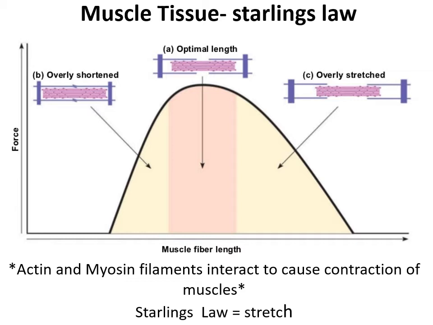If the heart muscle is really stretched, say in congestive heart failure, and the actin and myosin are just not overlapping well, the force of contraction of the heart muscle is going to be reduced. And that's what can happen in congestive heart failure. So really Starling's law is a law of any muscle fibers, in particular cardiac muscle or skeletal muscle.